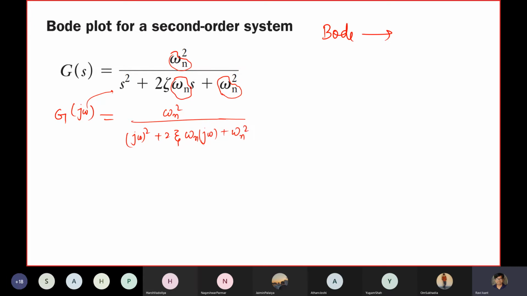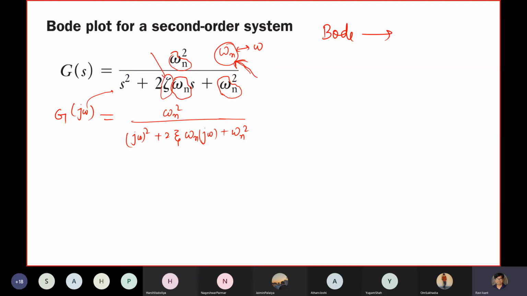You guys are able to differentiate between omega n and omega, right? Omega n is my natural frequency. That is a system parameter. It is designed by the system, or implicitly given by the system. System inherits it actually. This omega n also, and this damping ratio zeta also.